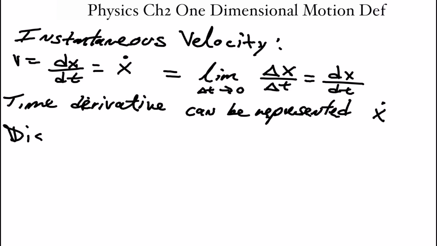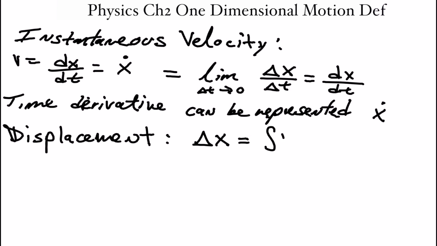Displacement will be delta x, which is, let me clear this up, it's a little hard to read. So it will be delta x equals the integral of dx equals the integral of v dt.